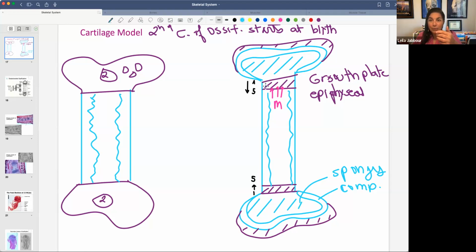So maybe I'll draw it in blue here. Little more bone, and the osteoclasts are going to open this center space. And so now you have just a little bit more bone produced, but you still have this whole metaphysis above.